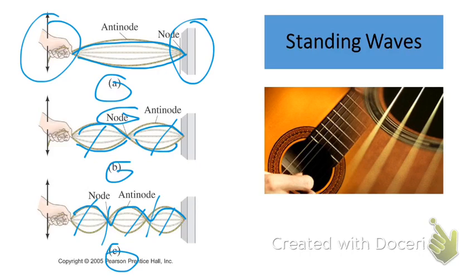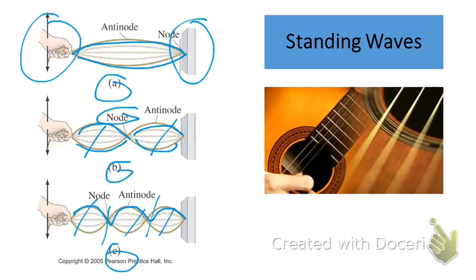Now, a good example of producing standing waves is a guitar. A guitar string is fixed to two locations or two points, and as someone begins to play a guitar or pluck the guitar string, it begins to generate vibrational motion of the string, which then results in a standing wave.